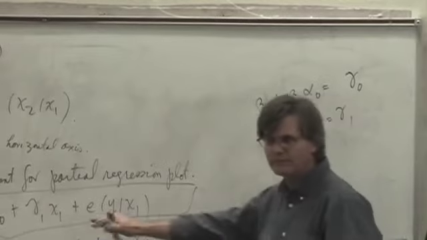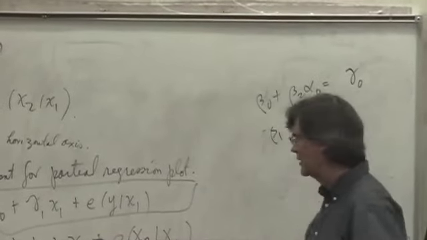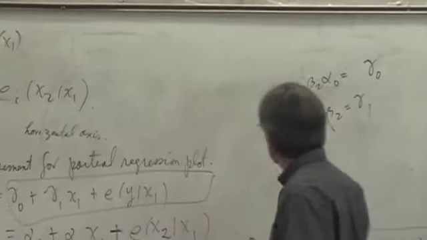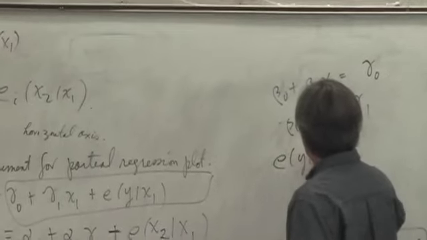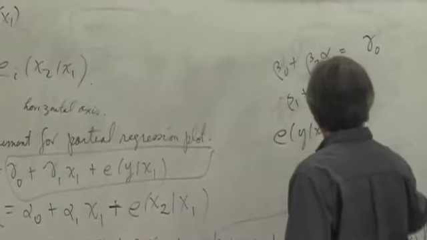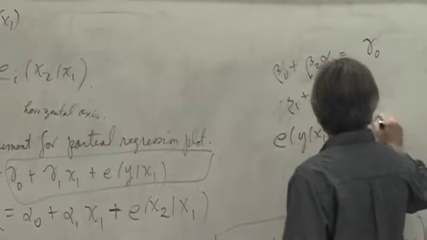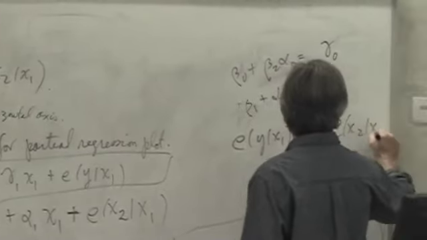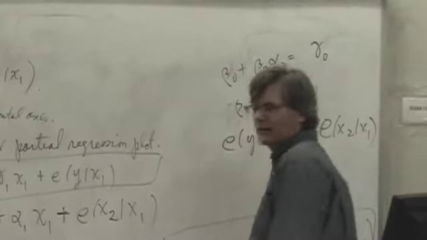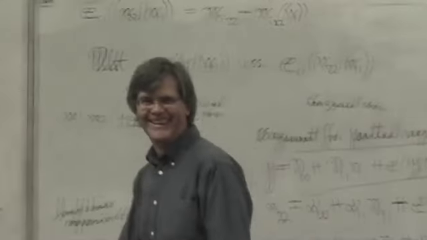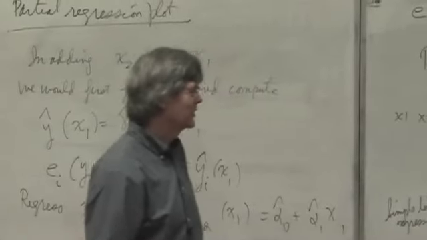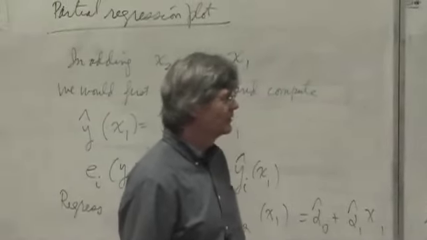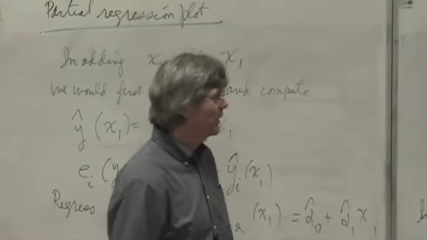Just matching the coefficients of the linear terms. And then I should get this e y given x1 should equal, therefore, beta 2 times e x2 given x1 plus epsilon. So with that little bit of magic, you see, indeed, the slope of the e y given x1 should be beta 2.